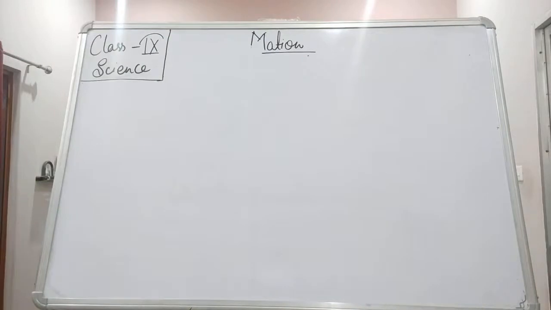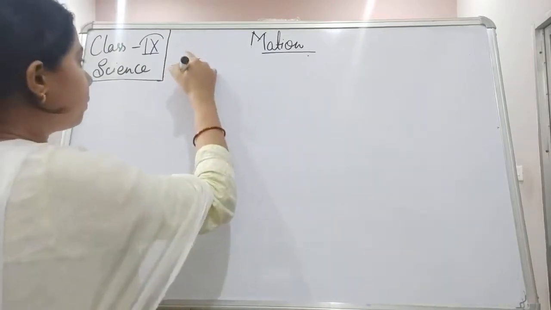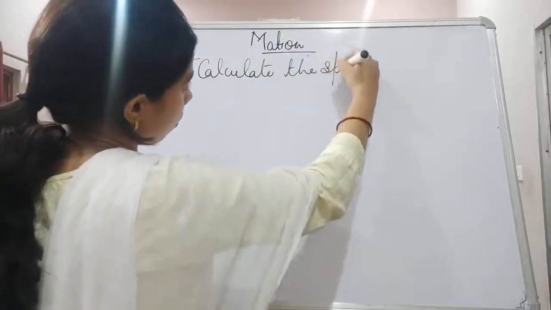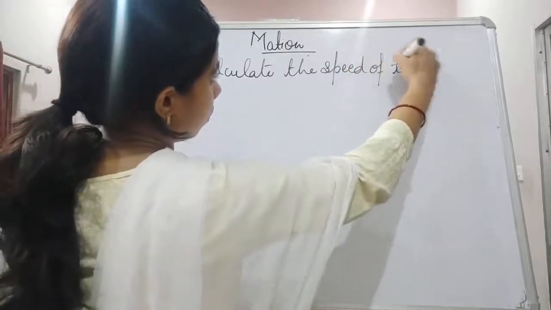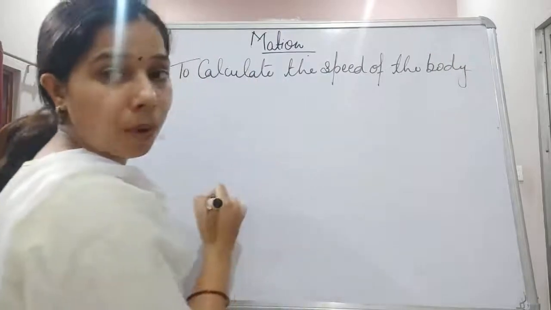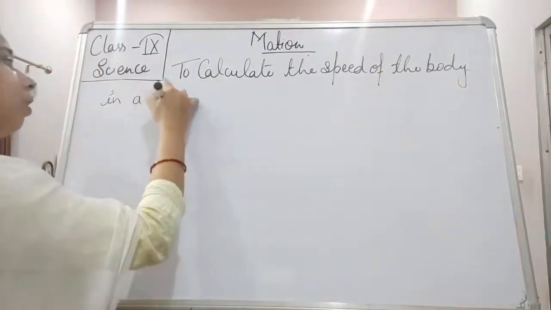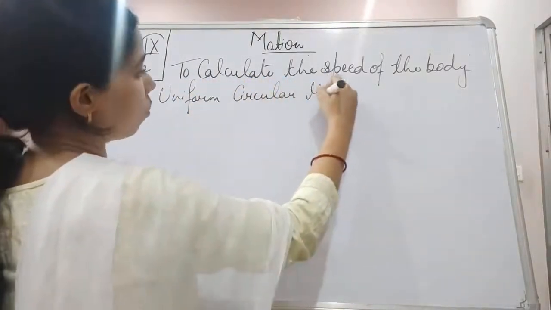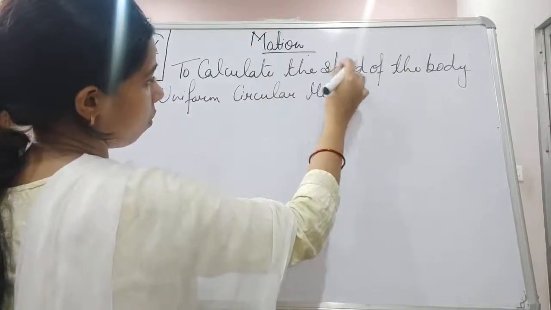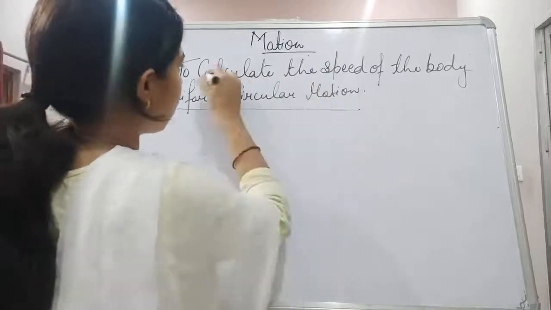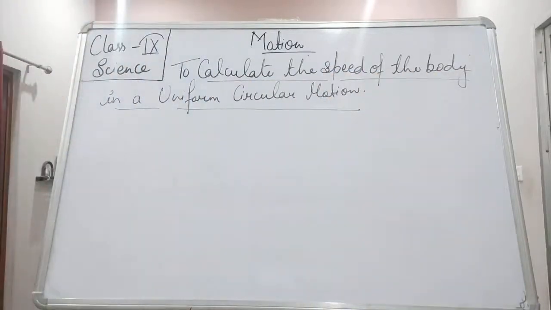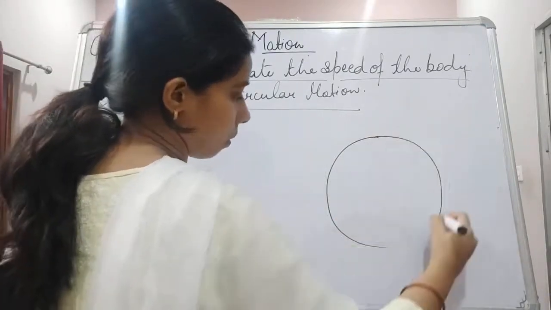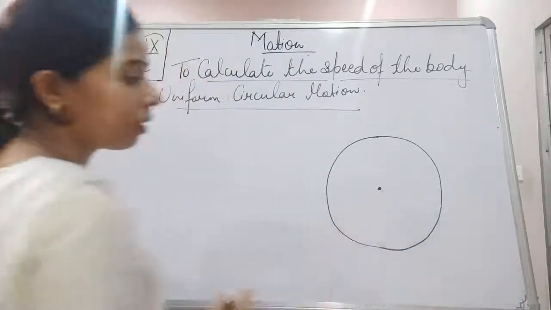So to calculate the speed of a body in uniform circular motion, suppose an object is moving in a circle, and this is the center.